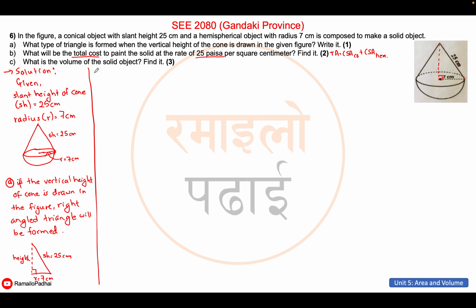Now moving on to B. What will be the total cost to paint the solid at the rate of 25 paisa per square centimeter? So we have the rate and we will find the total area that needs to be colored, and from that we will find the cost required.